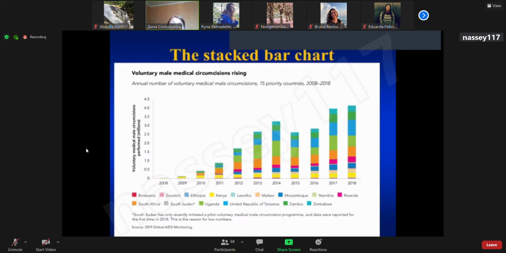We show that they are rising from year to year, and we compare 15 countries for the last 10 years. You see each color shows a country, and this is called a stacked bar chart. It is quite convenient because we show a really large data set by these descriptive statistics.